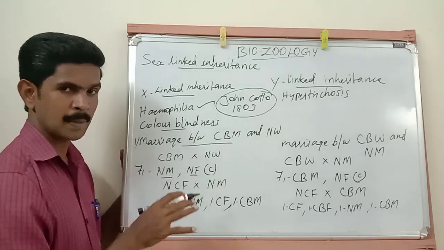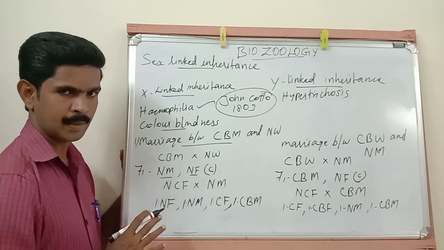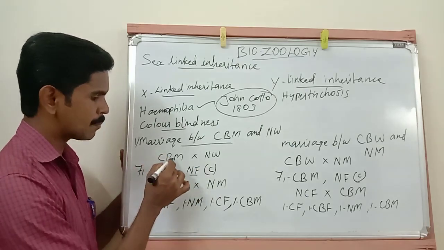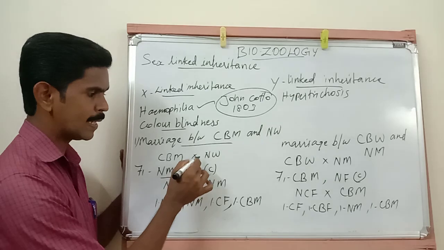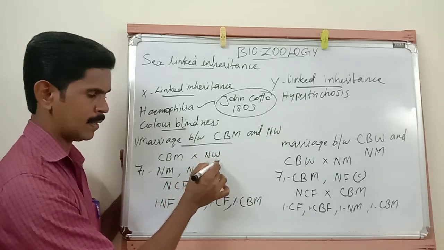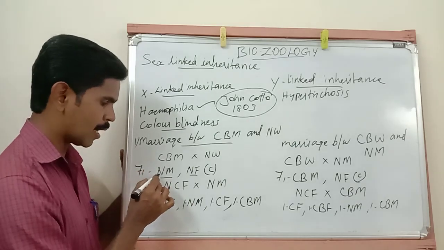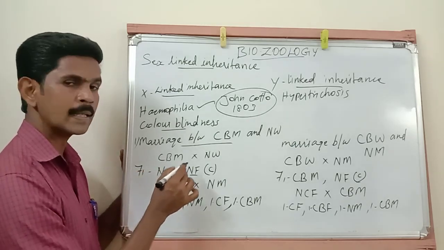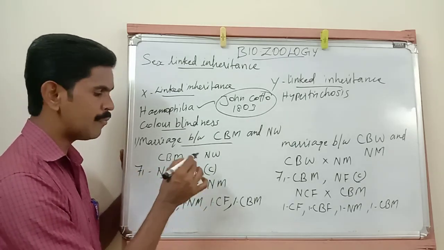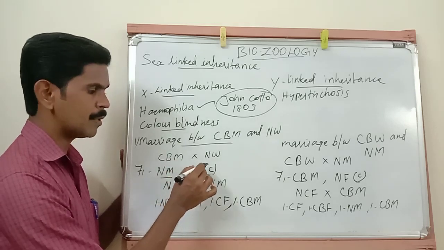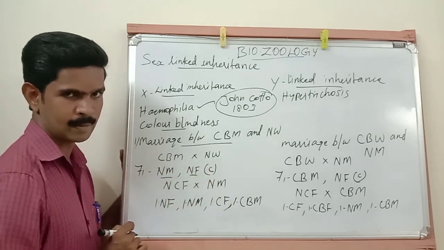The female is normal but a carrier. When a color blindness man marries a normal woman, in the first generation there is a chance for the production of one normal male or a normal female. If it is a normal female, the female may be in carrier condition.